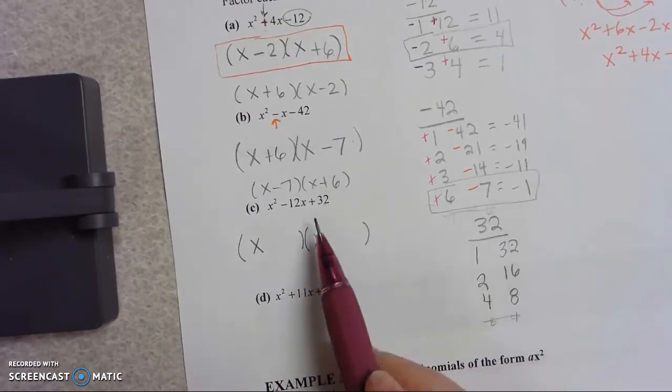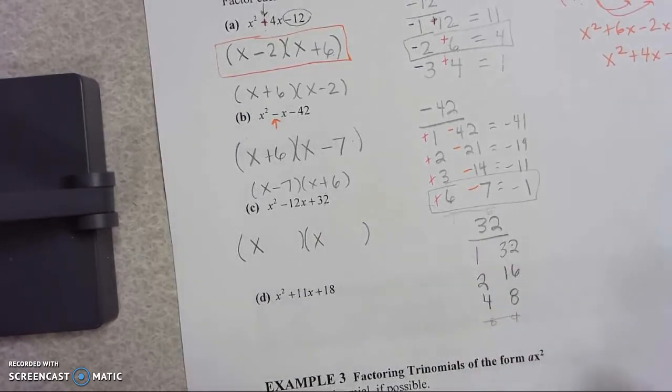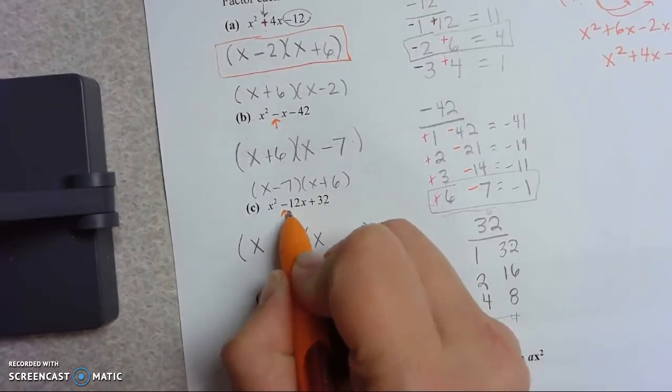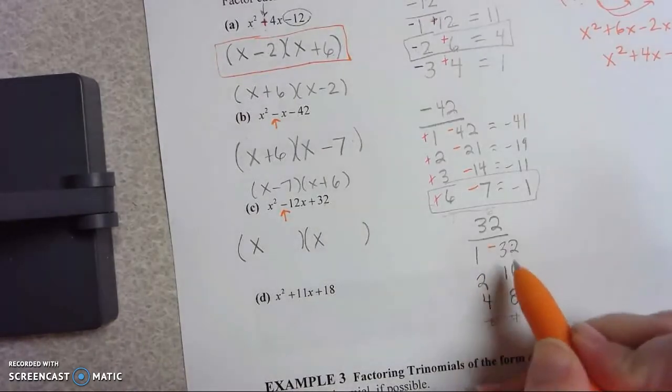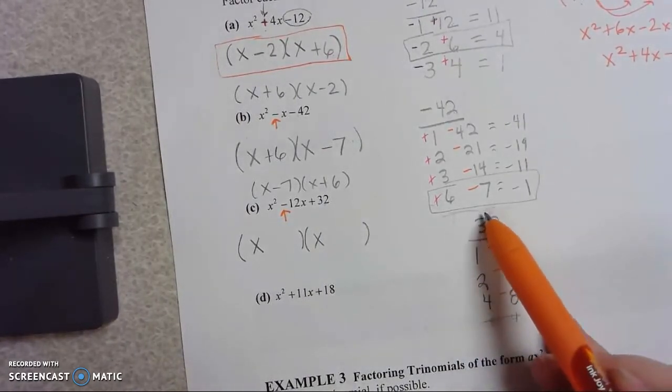Alright, now I know because it's a positive 32 that my signs are the same. And so either the factors are both negative or they're both positive. I'm still going to look to this very first operator, and it's going to tell me the sign of my larger factor. It is negative. Since my 32 has to be positive, my signs have to be the same.